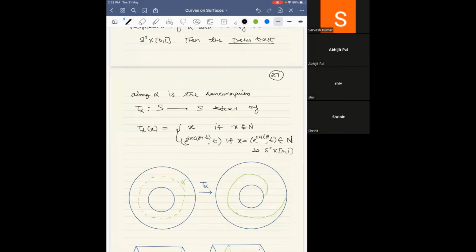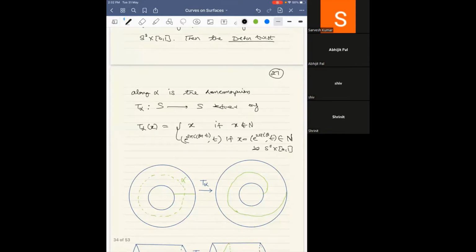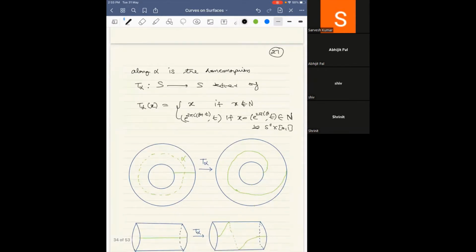If x is e^(2 pi i theta), t on this annulus, it will rotate by t. So you map (e^(2 pi i theta), t) to (e^(2 pi i (theta + t)), t). And you can see what will happen.